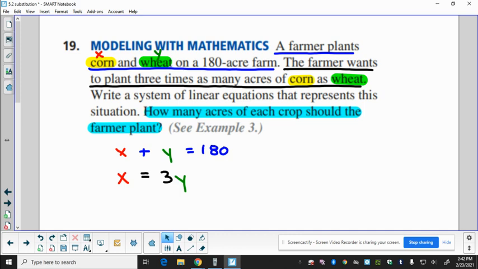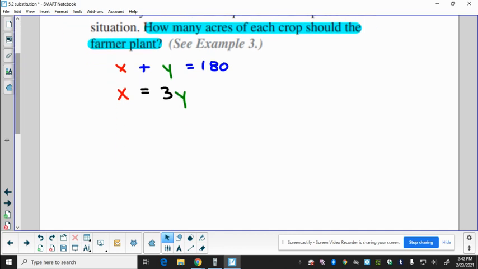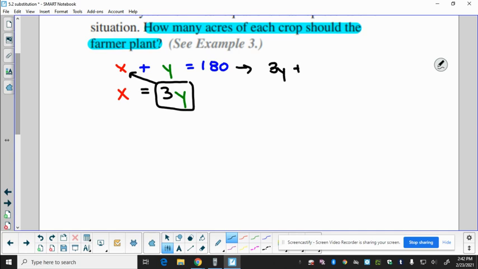So I think we're ready. I can see this equation. The second one right here, I will highlight it. This is X, so that's going to go right there, everybody. So I'm going to rewrite this first equation. The X becomes 3y plus y equals 180. That's a 1y, so we might as well add those up.